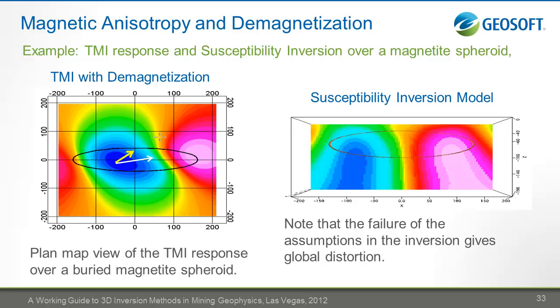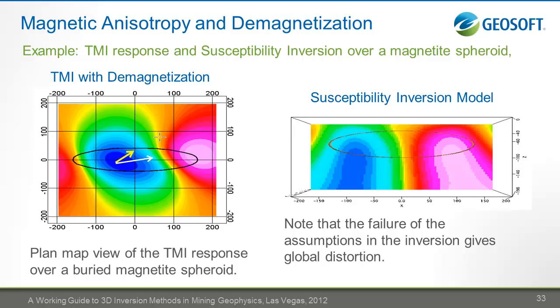You can see that it's rotated into the direction of the long axis of the ellipsoid, and because the magnetization is rotated into this direction, the TMI that arises from it is also effectively that which would be generated from a magnetization in this direction.